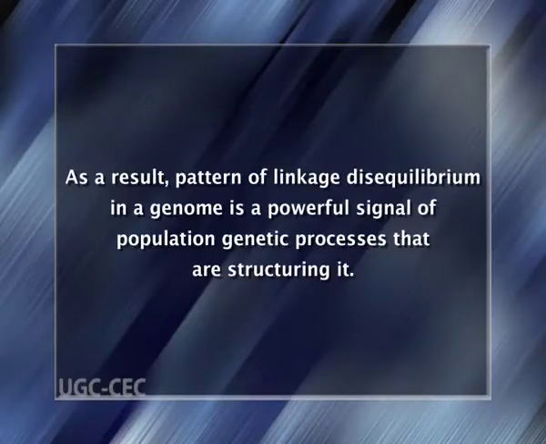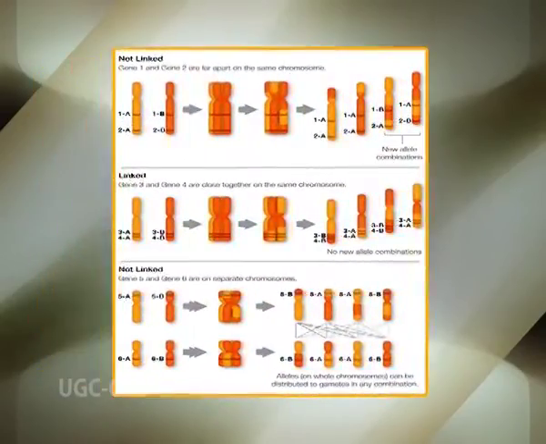As a result, the pattern of linkage disequilibrium in a genome is a powerful signal of the population genetic processes that are structuring it. In spite of its name, linkage disequilibrium may exist between alleles at different loci without any genetic linkage between them and independently of whether or not allele frequencies are in equilibrium, not changing with time.